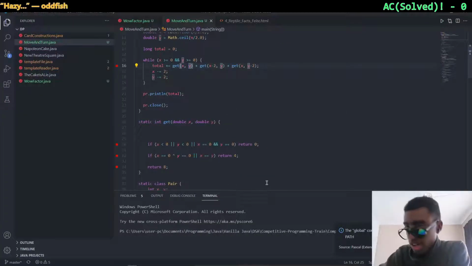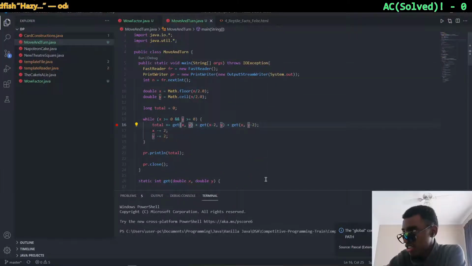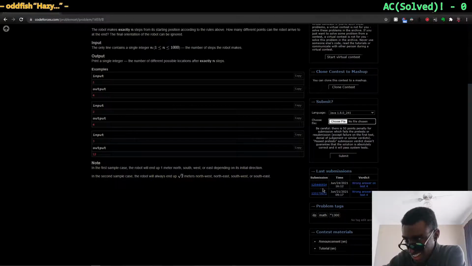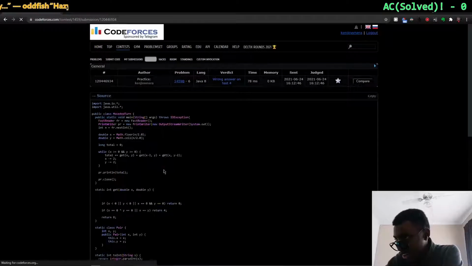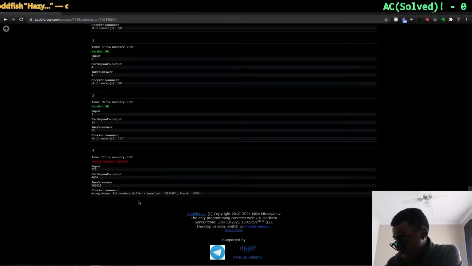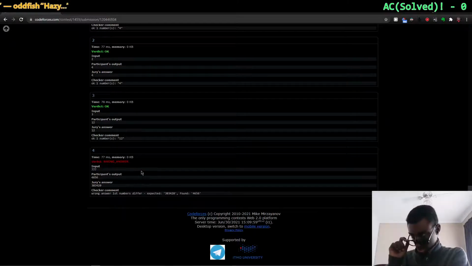I programmed this some time ago, but I just need to debug it because it failed. It failed test 3, I think. Test 4. Oh gosh. Wait, can I see what I got wrong? 777 steps. That's not cool.